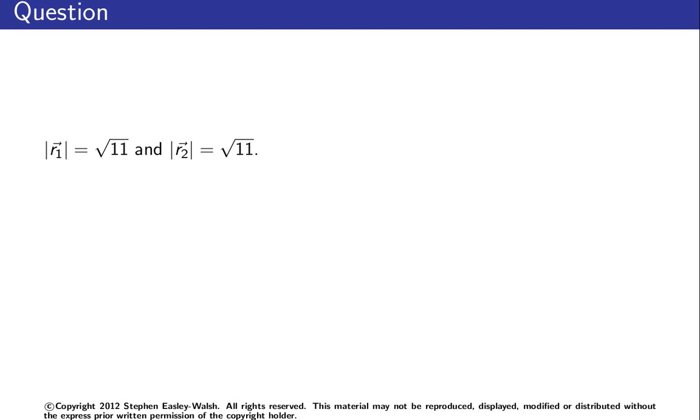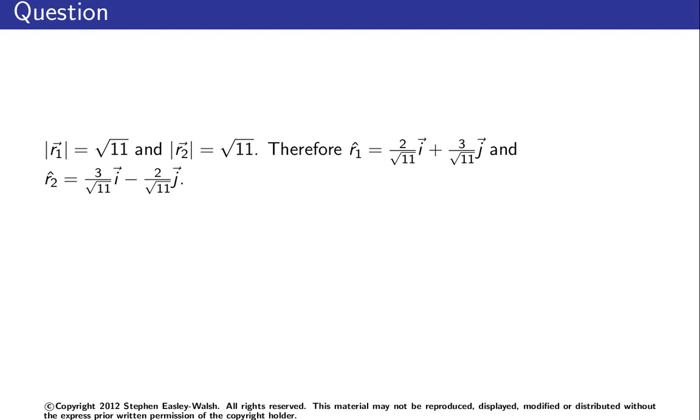Well, first, we need to calculate the length of r1 and r2, and in this particular case, they're both square root 11. So the unit vector r1 is 2 over root 11 i plus 3 over root 11 j, and the unit vector r2 is 3 over root 11 i minus 2 over root 11 j.